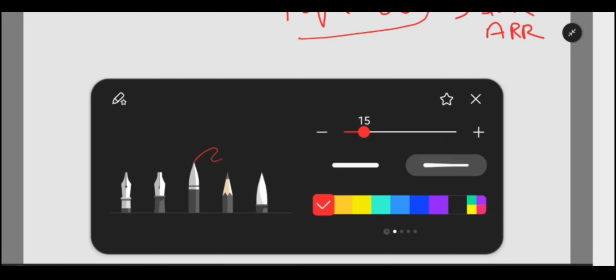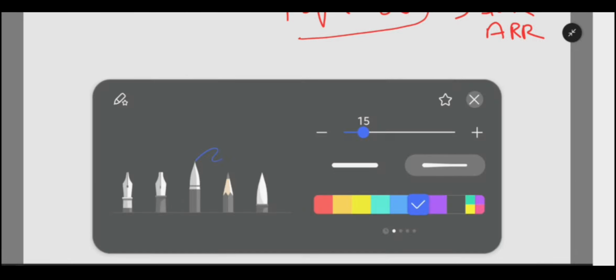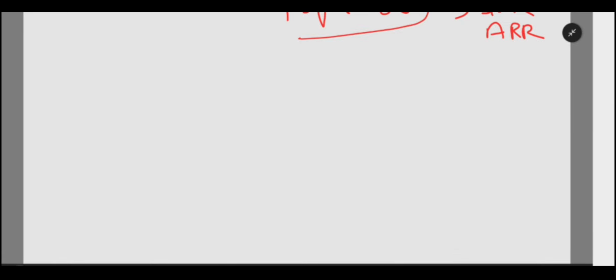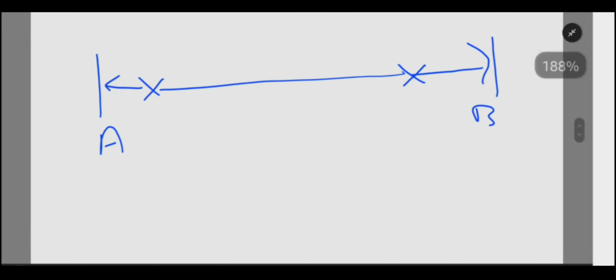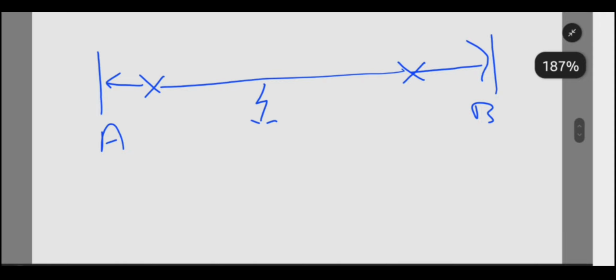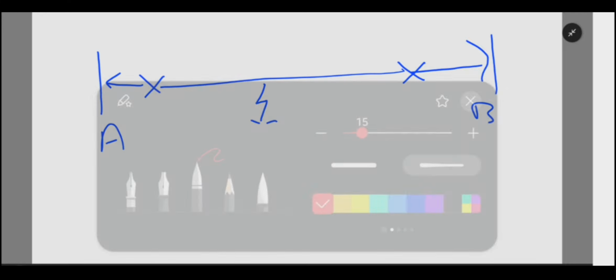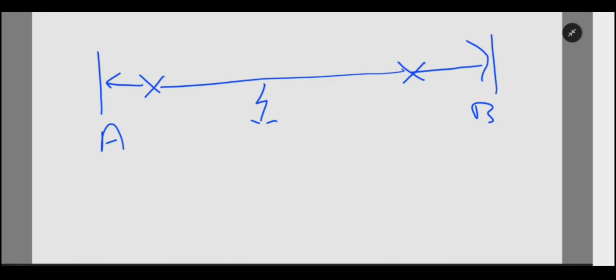If this is my transmission line again, this is the breaker, this is end A, this is end B. If the fault occurs here, as per the normal process, the relay will give a trip command to the A side breaker, and will give a trip command to the B side breaker.